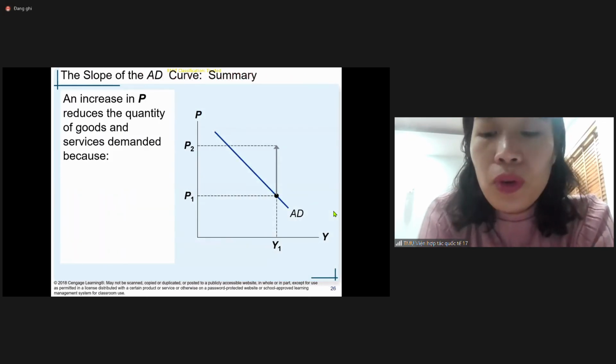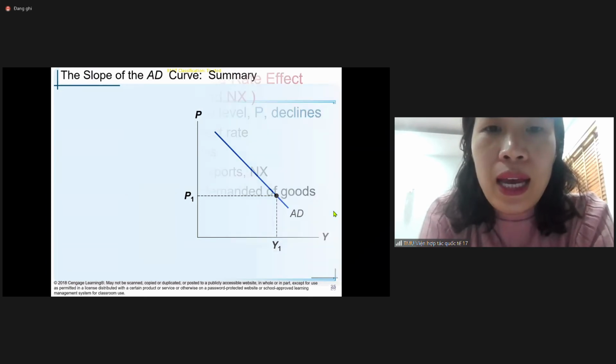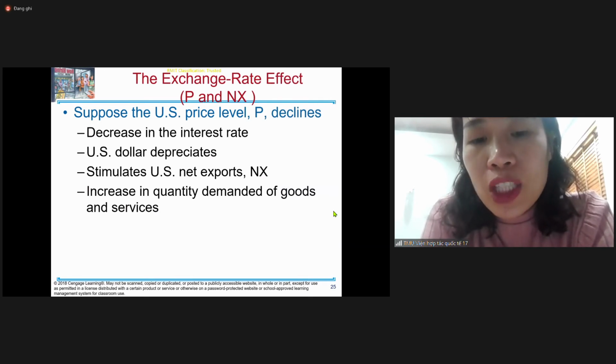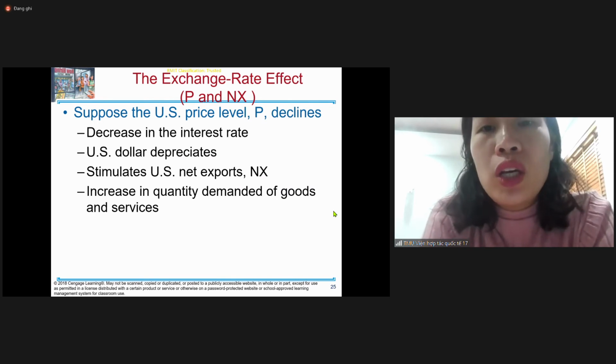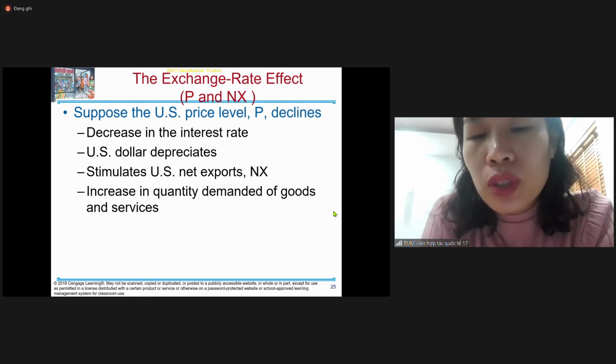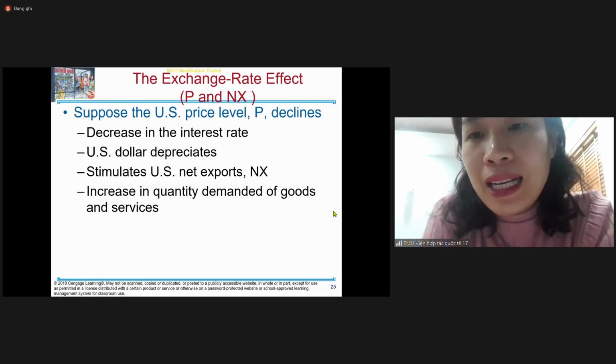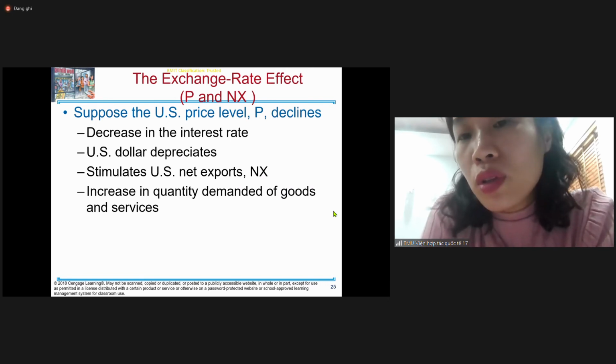Yeah, so therefore we have any price change, overall price change in the economy will lead to a change in consumption, or change in investment, or change in export. So therefore we see that if price level decline, so we see an increase in consumption, we see an increase in investment, we see an increase in net export.